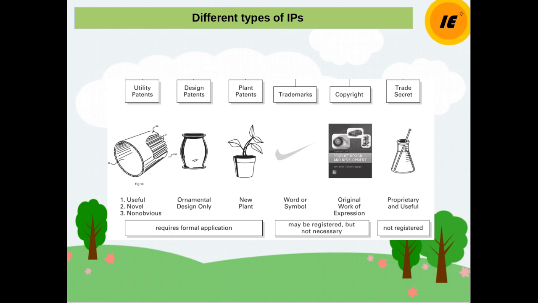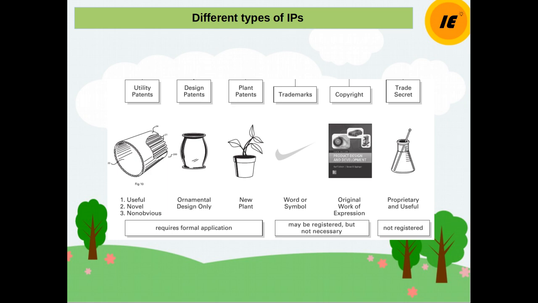And trade secret is some formula, some food, anything proprietary and useful, and interestingly not registered. So maybe for us it's not really important. In fact, trademark and copyright are also not important. In fact, for us it's only the patent, and specifically utility patents.